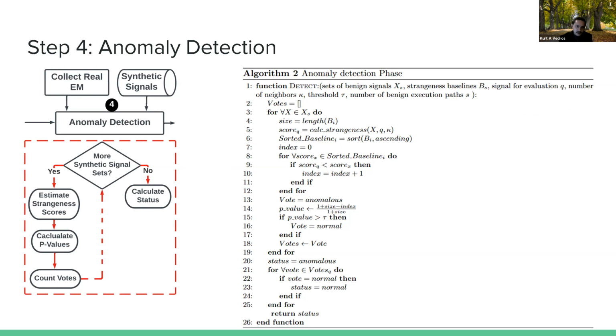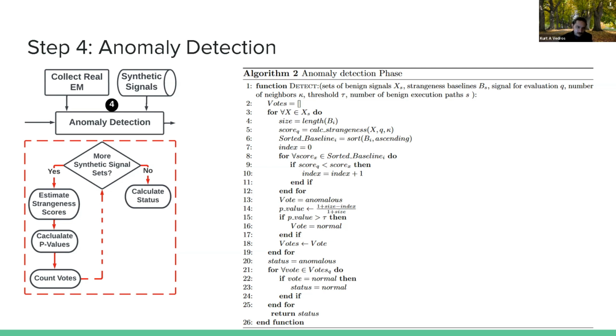After obtaining the newly captured electromagnetic signal, the strangeness score of the newly captured electromagnetic signal to each set used to create each baseline in the prior step is calculated. Afterwards, a placement value, or p-value, is estimated using the strangeness score for each baseline. The p-value is an indicator for how well the newly captured electromagnetic signal falls inside the given baseline.